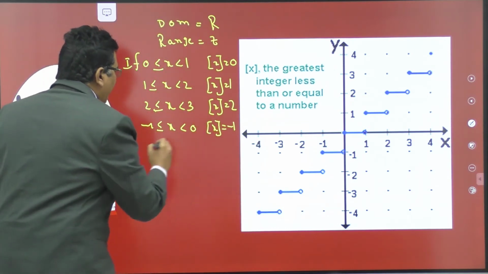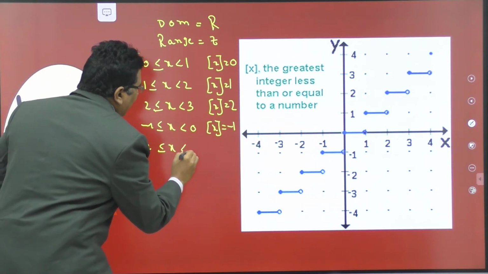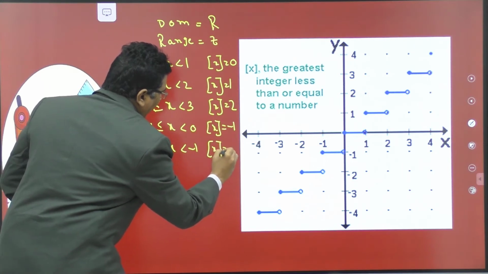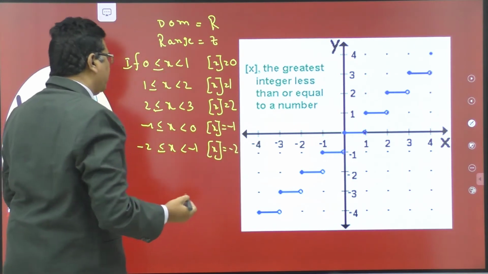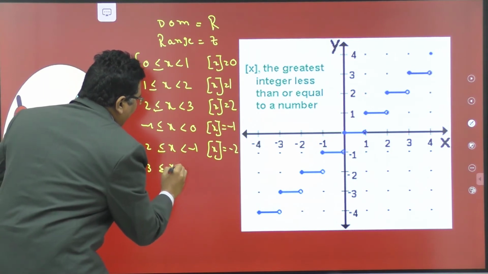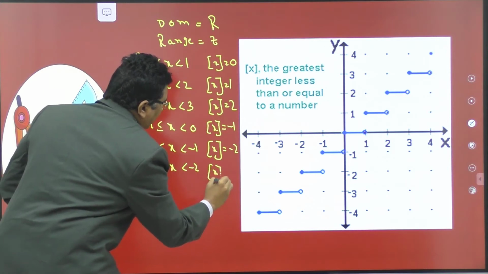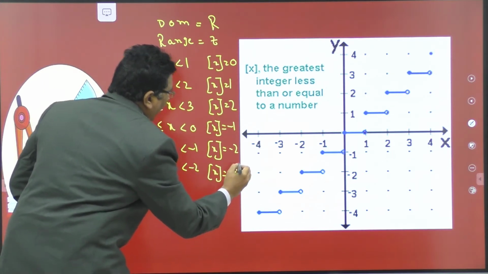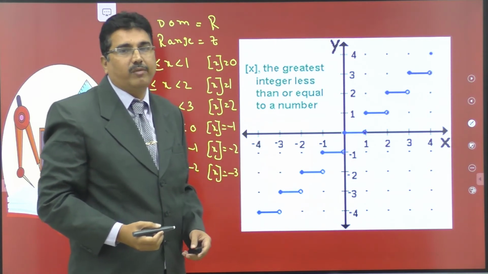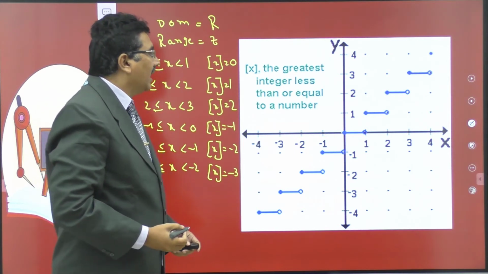Now minus 2 less than or equal to x less than minus 1, [x] is equal to minus 2. Similarly, minus 3 less than or equal to x less than minus 2, [x] is equal to minus 3. Right, so this is the graph of the integral part of real numbers.